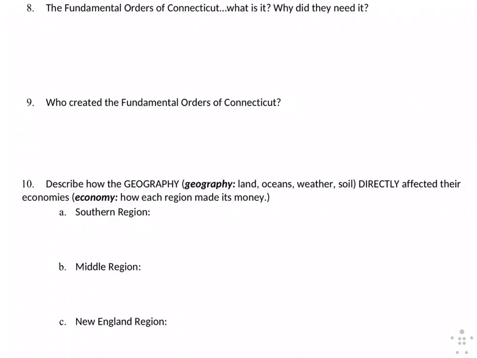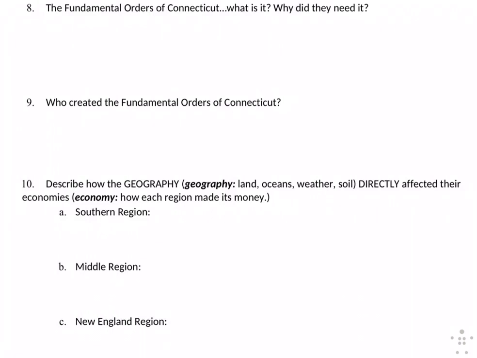C, New England. It's not like the South. It's not like the Middle where their growing seasons are fairly good. They have rocky soil. They have long, harsh winters. They're not able to maintain crops. So they need to make their money a different way. So their geography is natural harbors. Their geography is cold, but yet they can fish. They have an abundant amount of forests, so they're able to have that lumber.